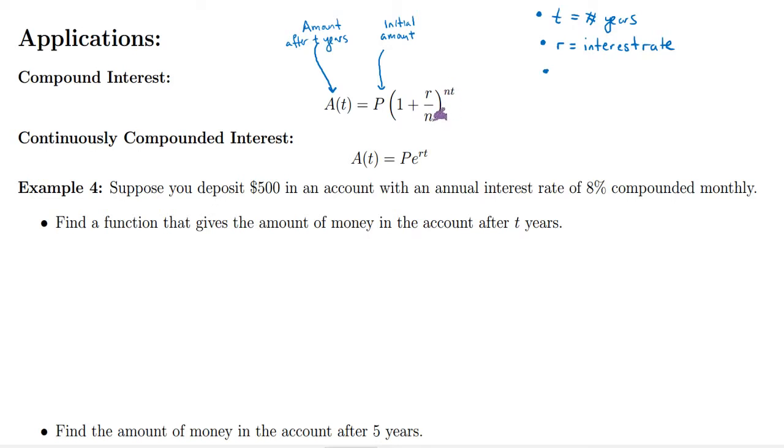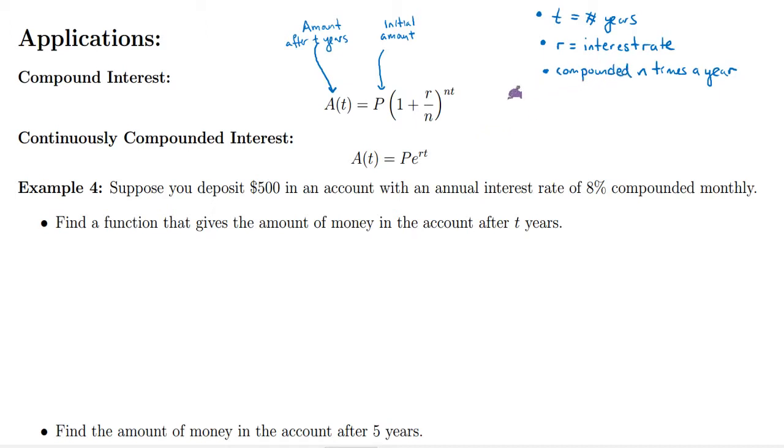So n appears twice, down here in this fraction, and then up here in this exponent. What's happening is when you make the investment, it's going to be compounded a certain number of times a year. So this is compounded n times a year.